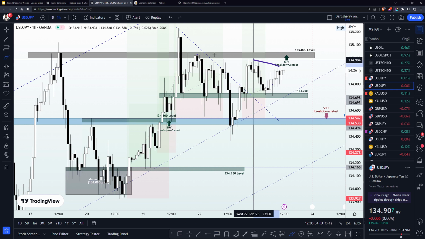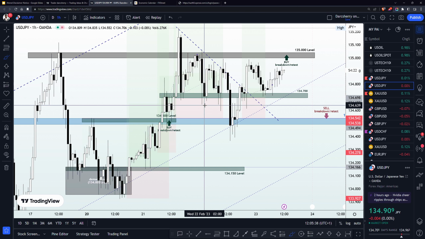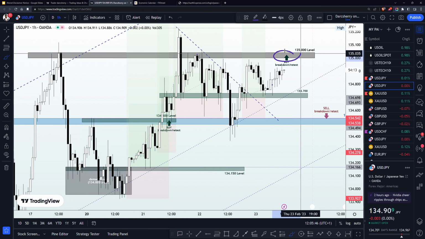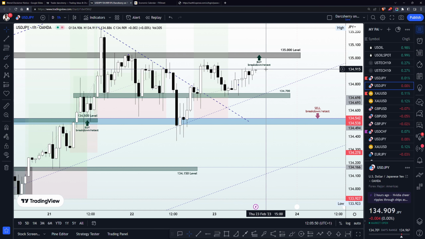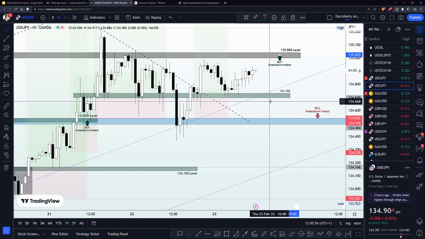Hence, we have been seeing this consolidation phase around here as buyers continue to knock against the ceiling at the 135 level. And I know at one point in time the ceiling will cave in, a breakout is likely going to happen, and push price to the upside. So we are anticipating to add more position to our existing trade at the breakout of the 135.00 area.